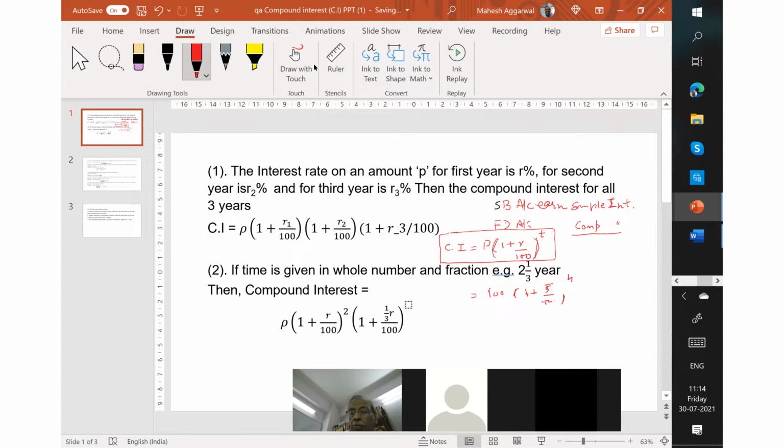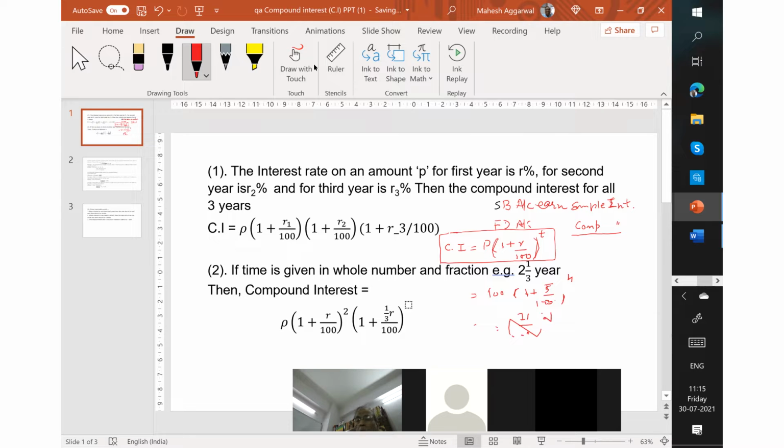So this will be 100 into (1 plus 5 by 100). 5 by 100 is 1 by 20, and when you simplify, this will be 21 by 20, raised to power 4, into 100.